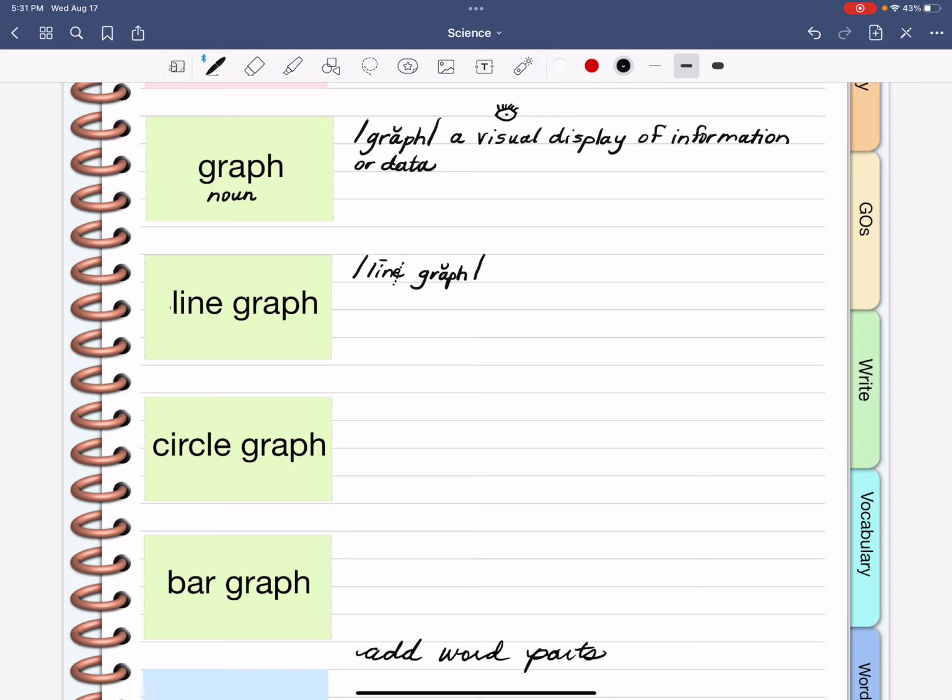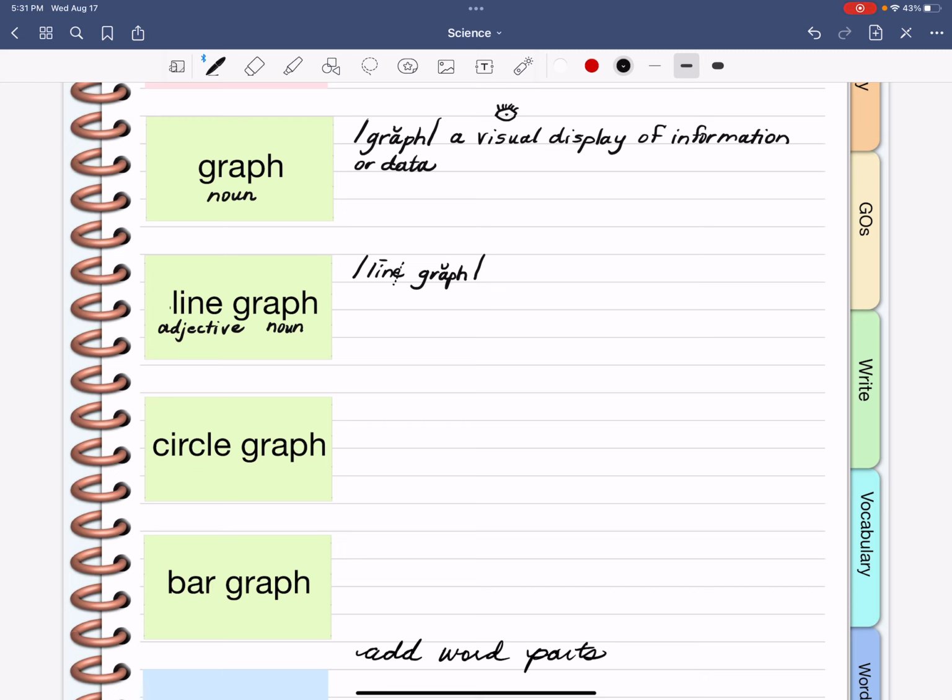So 2 syllables there. And we know that graph is a noun. Line in this case is an adjective because it's telling me what kind of graph we're talking about. So line is the adjective that tells what kind, and graph is the noun.